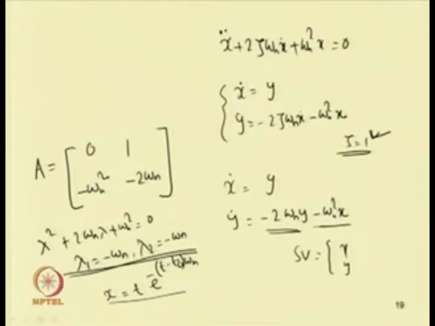Using that formula, or directly from this case, we can write the solution y equal to C1 e to the power... Okay, we can write it in two different forms. We can also write it as (a1 t plus b) into e to the power minus omega n t. Here we have two constants, a1 and b.